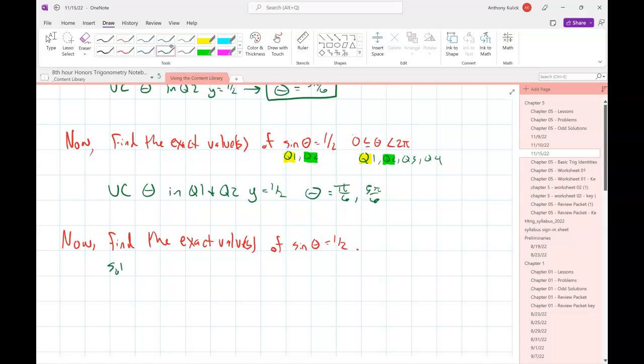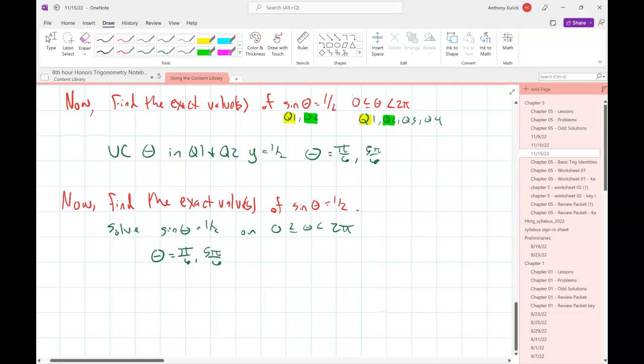So we're going to solve it just over 1 period. So my answers, I know there are pi over 6 and 5 pi over 6. Just from the previous one, right? It's the same problem as before.